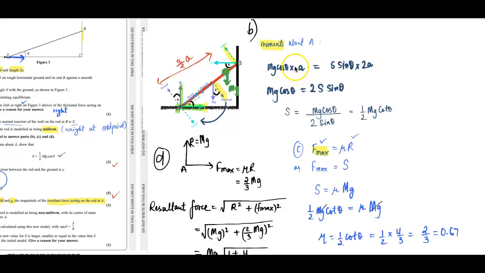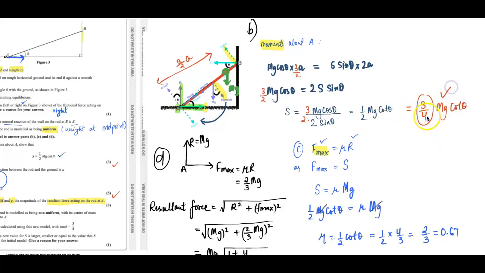So instead of writing A, we're going to be writing 3 halves. So the answer will go 3/4. 3/4 is greater than half. Everything will be the same. It will be 3/4 of mg cot theta.